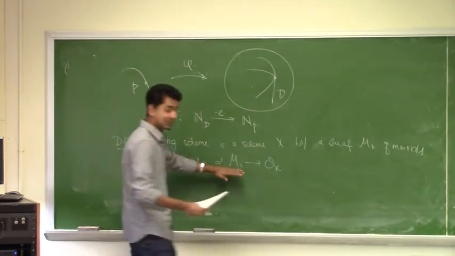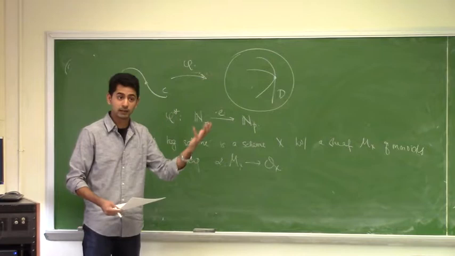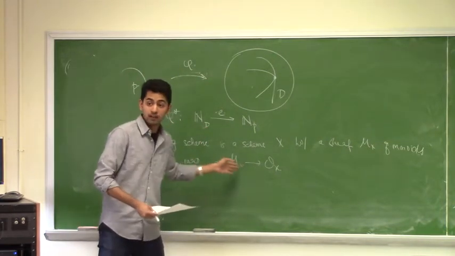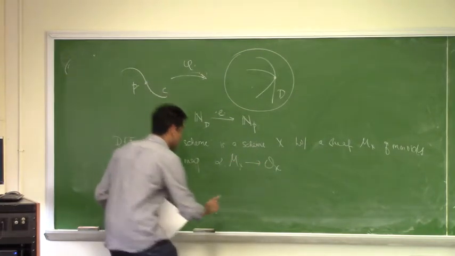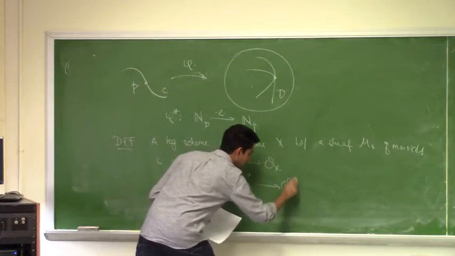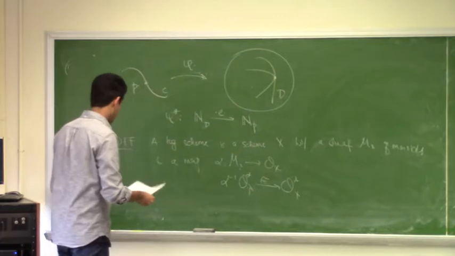And so M_X, sometimes people like to think about it as nearly invertible functions, nearly with respect to some boundary divisor. So just by morality and English, everything that's invertible should be nearly invertible. So alpha inverse of O_X star to O_X star is an isomorphism.